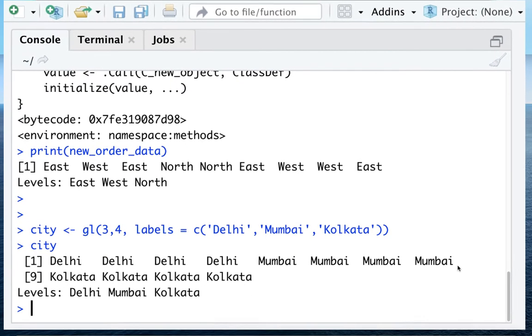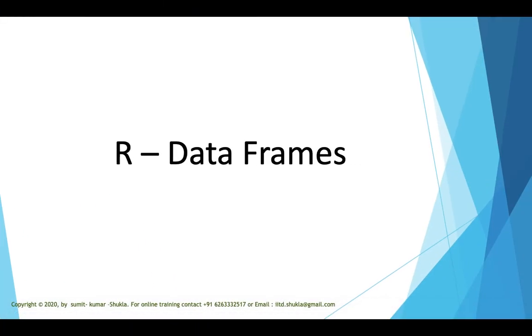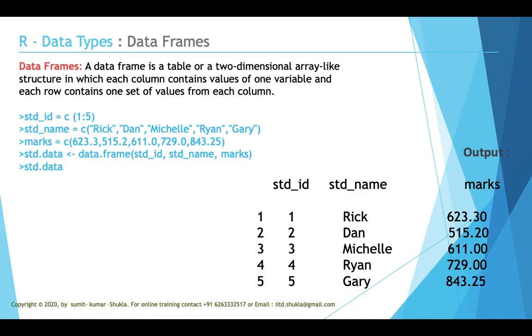Let's move to our data frames. A data frame is a table or a 2-dimensional array-like structure in which each column contains values of one variable and each row has a set of values from each column. In a data frame the column names should not be empty.